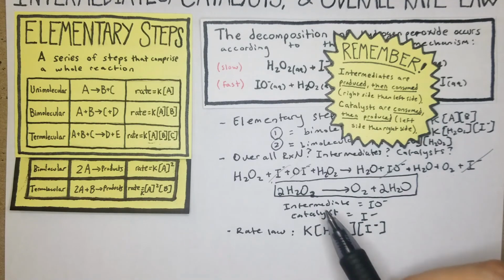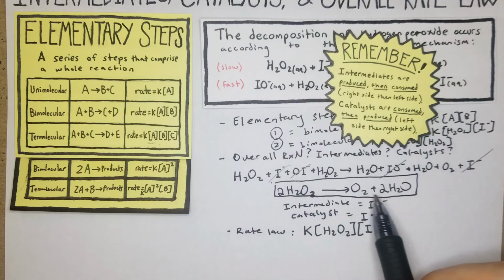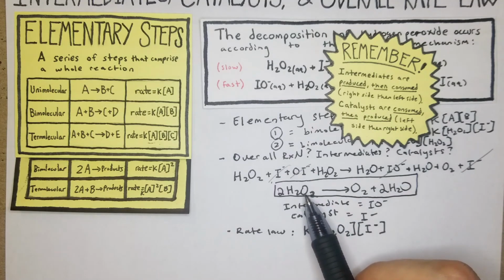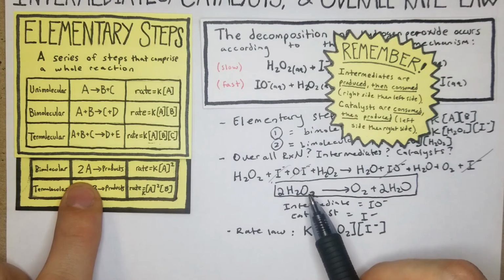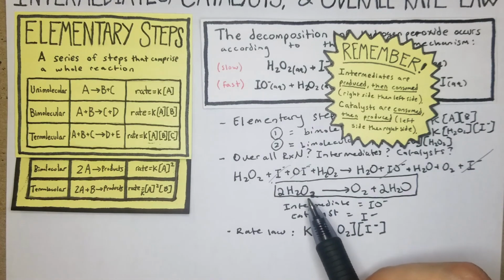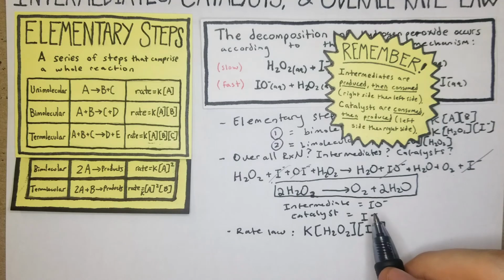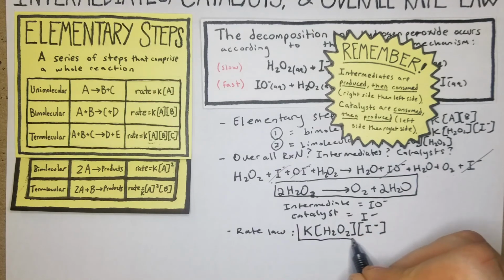Because we're taking the H2O2 from what we found to be our overall reaction, and it's similar. You might say it's still bimolecular because it would fit this one here, the 2A yields products. We have the 2 H2O2, and then we have the I minus. Even though it was canceled out, it's a catalyst, so we're going to use it there because the catalyst helps the reaction occur.